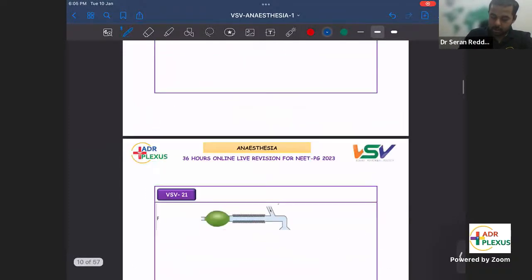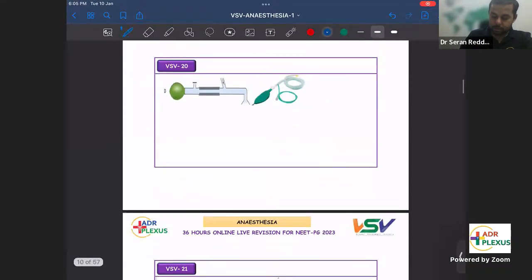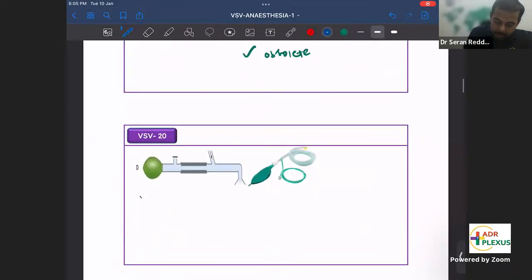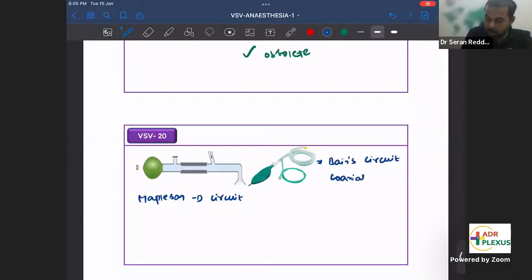This is Mapleson D circuit. This is its coaxial Baines circuit, which is a coaxial circuit.